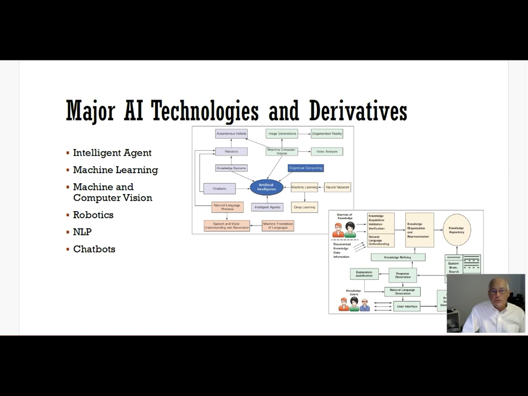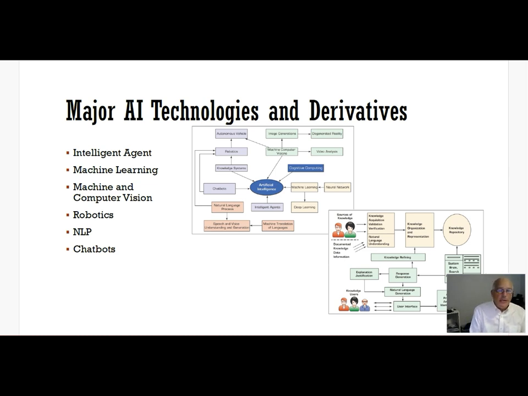Machine and computer vision. The definition of machine vision varies, but basically computer vision systems include different hardware and software that work together.